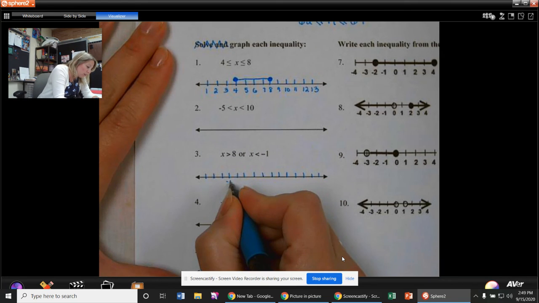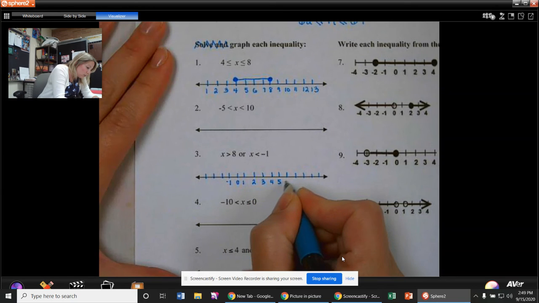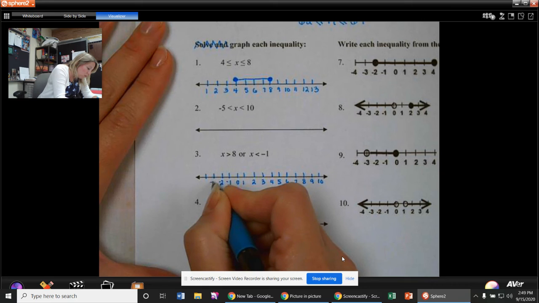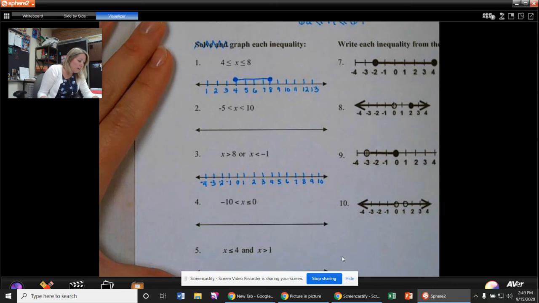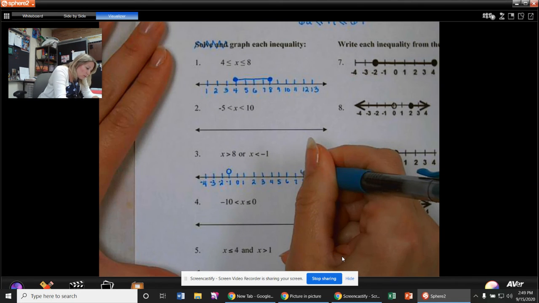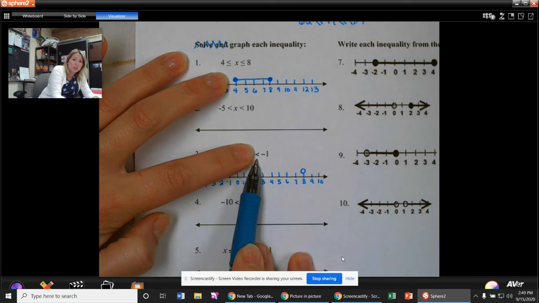So let's throw -1, 0, 1, 2, 3, 4, 5, 6, 7, 8. Some numbers above, some numbers below. And circle over -1, circle over 8. Okay, not filled in, not filled in.